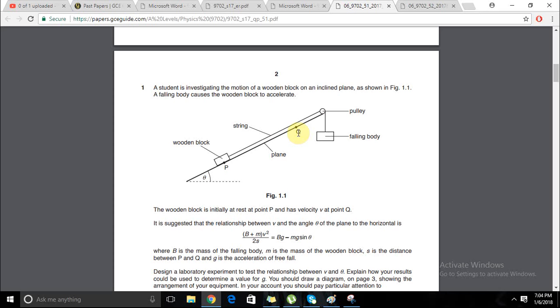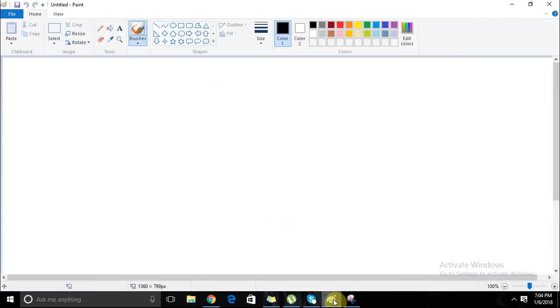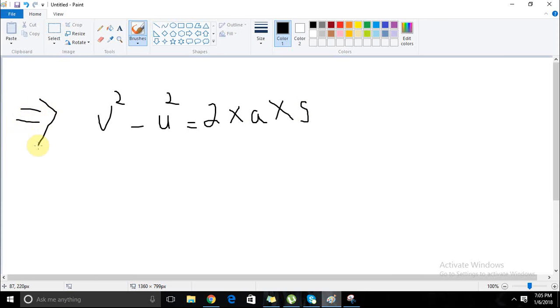So you have learned about the equations of motion in AS, and there were a lot of them. There was this one, v squared minus u squared equals 2 into a into s, and this was literally my favorite, and this was the one that was usually used time and time again.